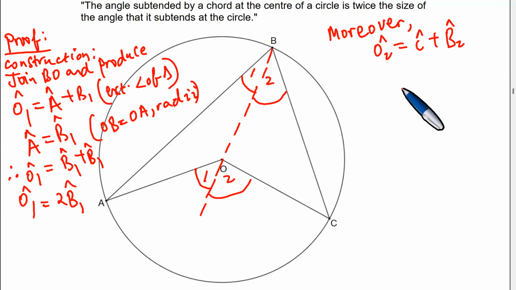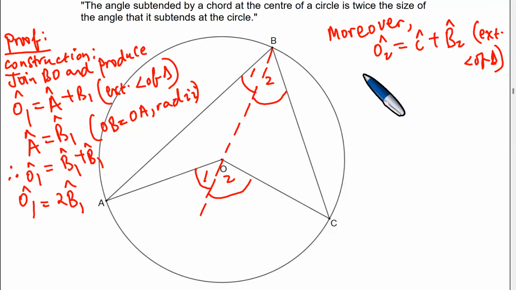Because of the same reason, but we don't say same reason, we say exterior angle of triangle. Once we say exterior angle of triangle, this statement is obvious because that's how we state it in the geometry part. It means the exterior angle equals the interior opposite angles. So like we did here, angle O2 is C plus angle B2.